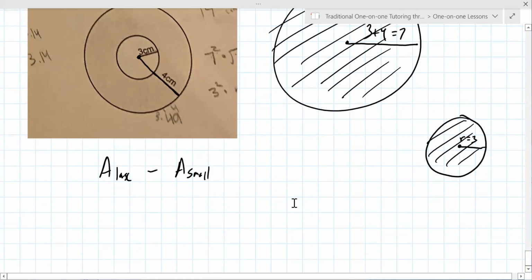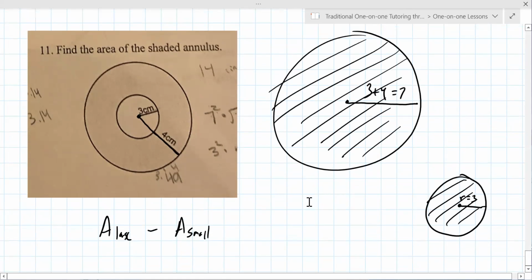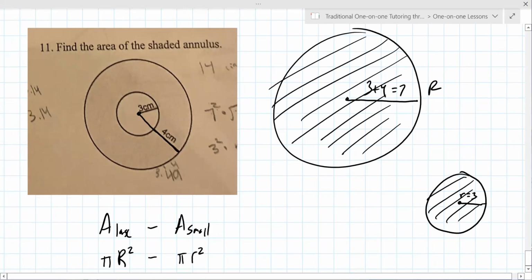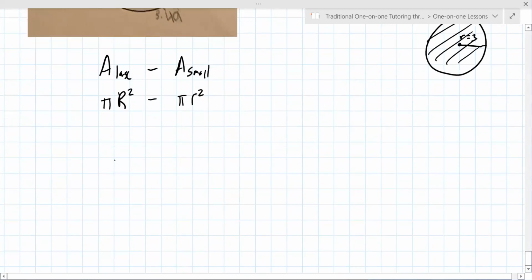Anyway, the area is pi r squared. I'm going to use big R for the large radius, and little r for the small radius. So it's pi 7 squared minus pi 3 squared. 49 pi minus 9 pi is 40 pi.